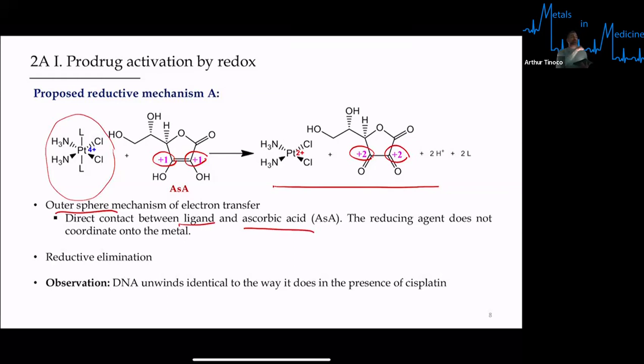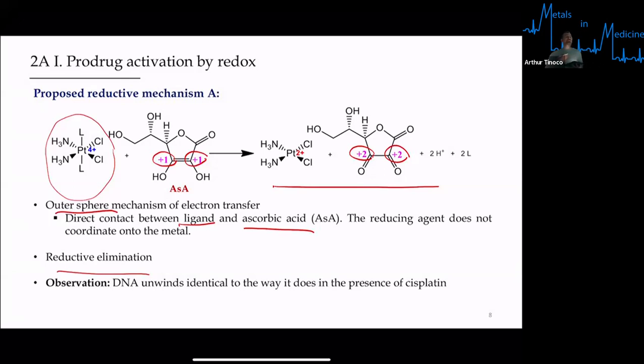The reducing agent, in this case ascorbic acid, does have good metal binding capability, but here it is not coordinating to the metal itself. So what we're looking at here is a process of reductive elimination. That terminology means that the metal gets reduced, and that reduction results in an elimination of ligands.